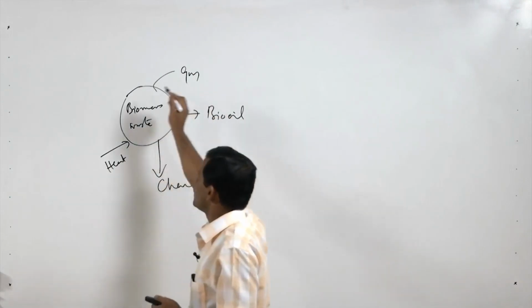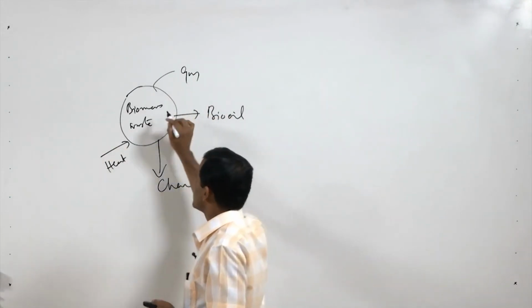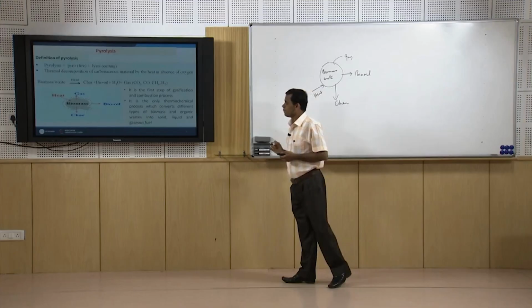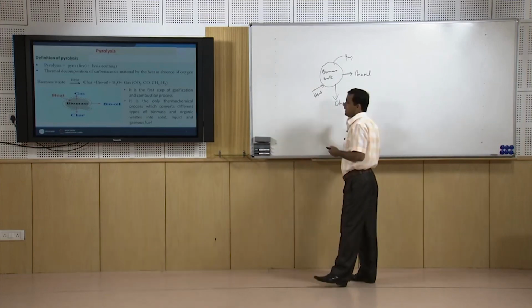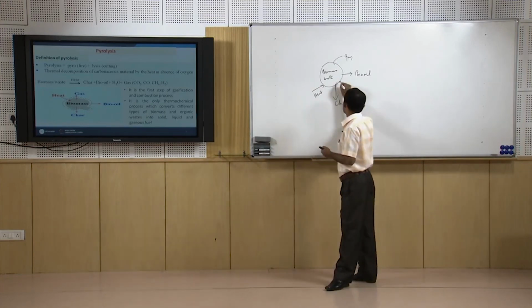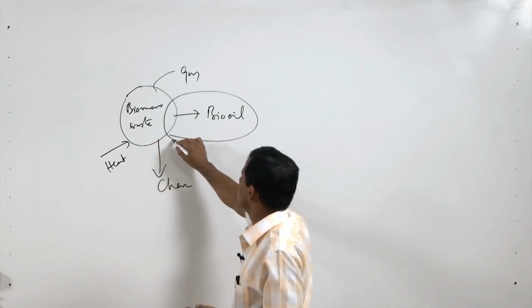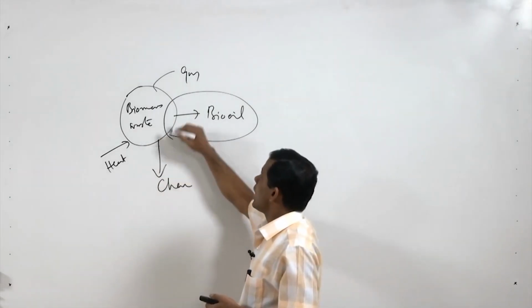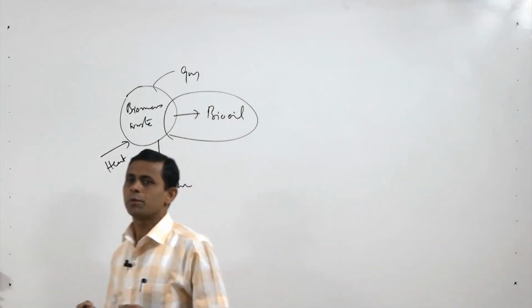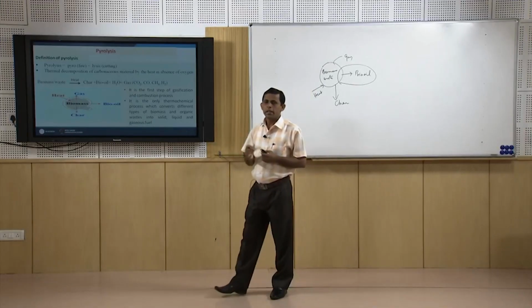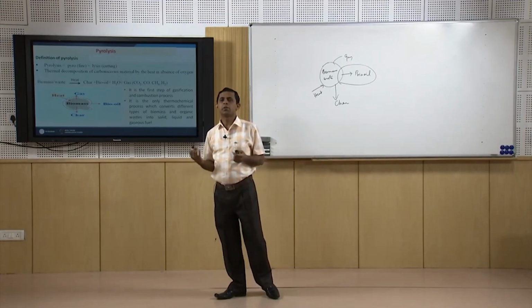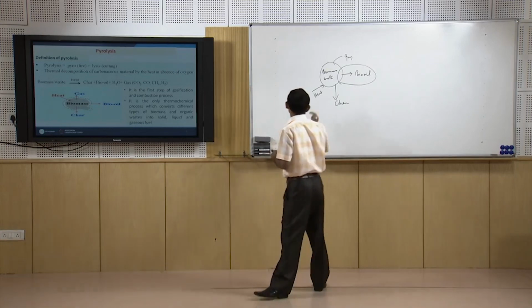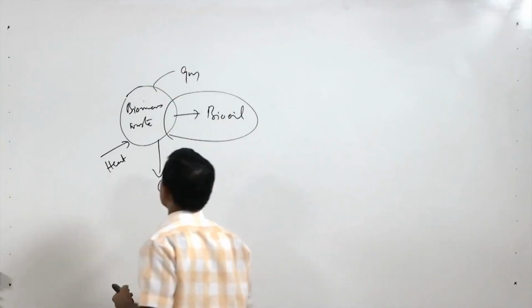This is very simple to explain graphically, but in fact bio-oil production and char and gas production is not such a simple process. A number of simultaneous reactions are going on when we apply heat to the biomass and waste.